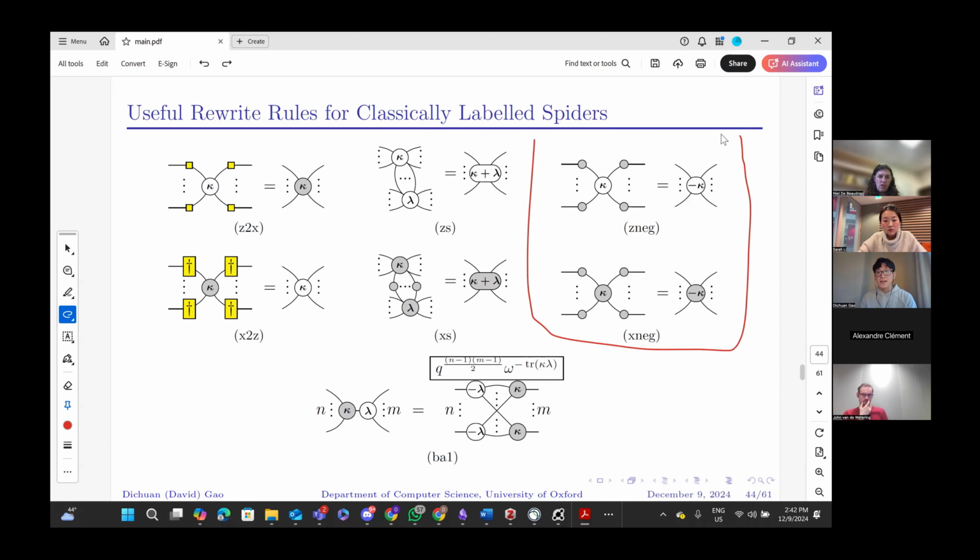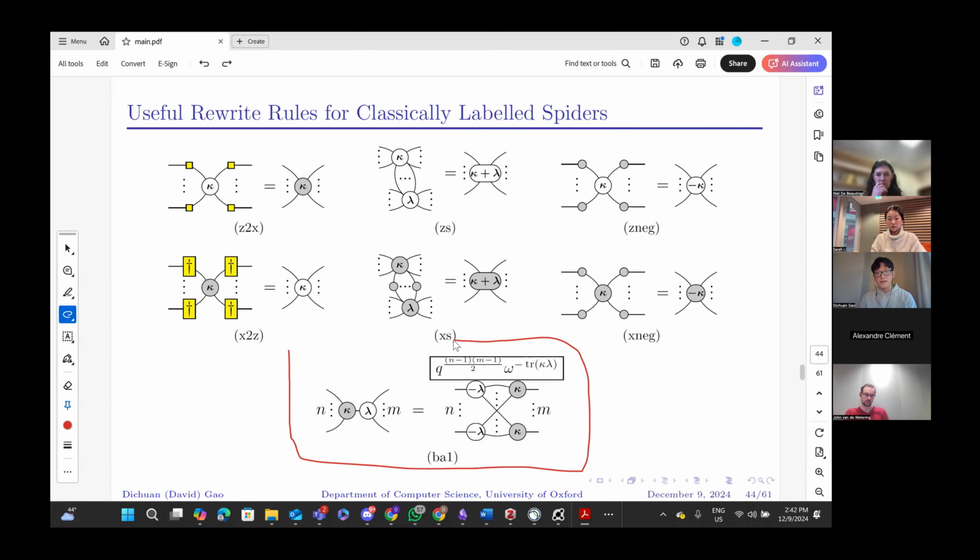This is if you wrap a classically labeled spider with non-labeled X gates on every leg, that's the same as flipping the sign of your label. And then finally, you have a generalized strong complementarity in this form, where the label on your Z spiders flips, and then your scalar comes in this form over here.